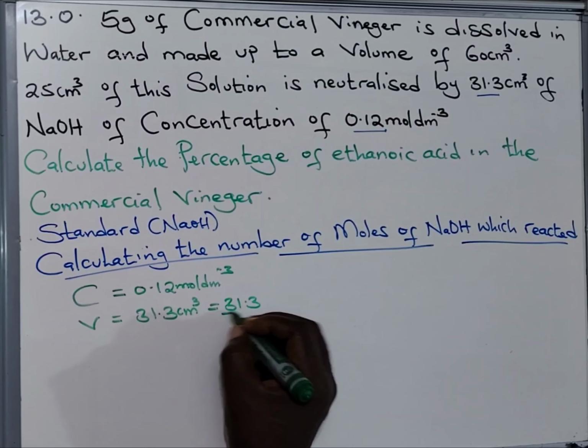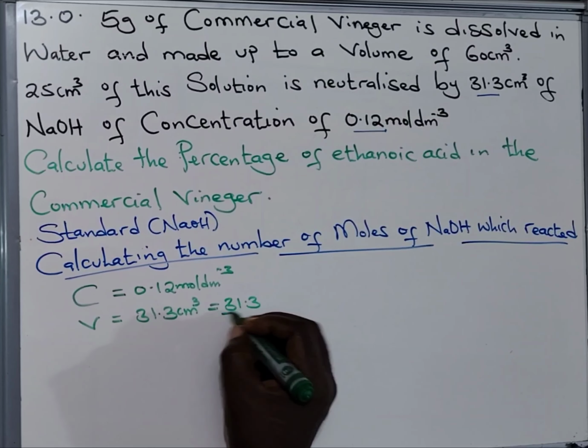And we know the concentration. What is our concentration? 0.12. And the number of moles are wanted, but we know the volume, which is 0.0313. So through cross multiplying, we know n.